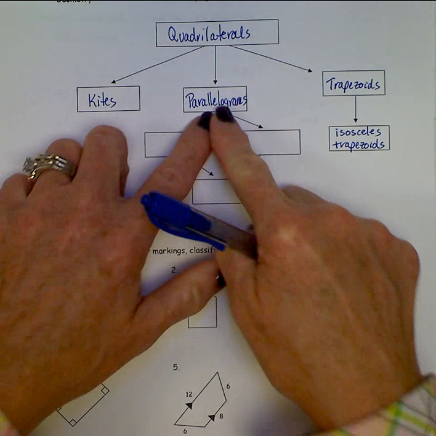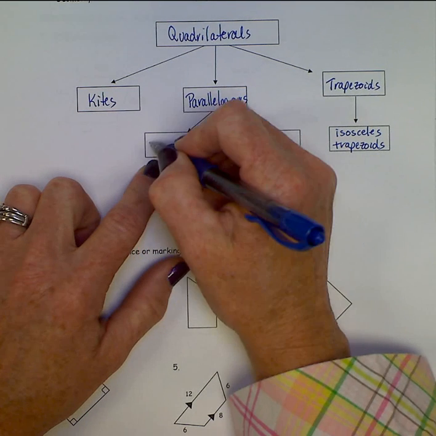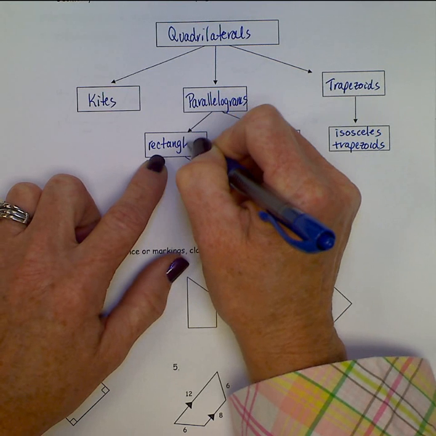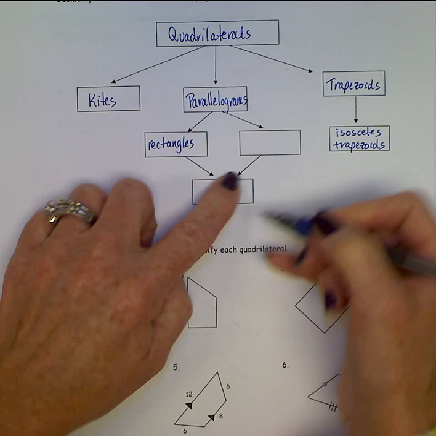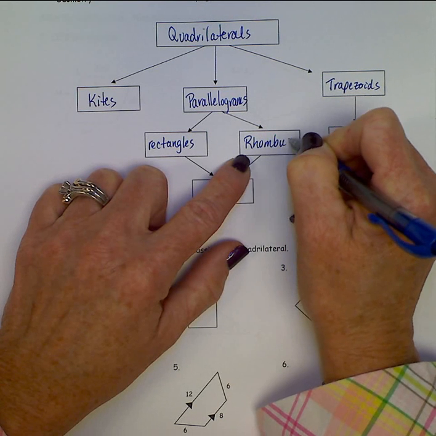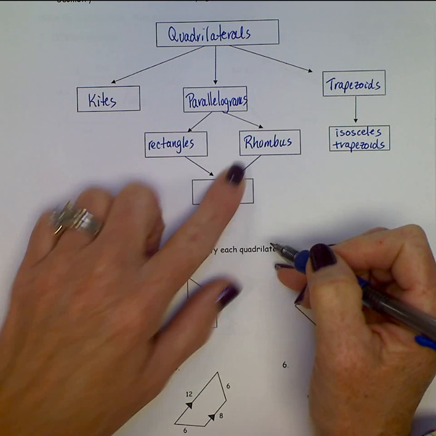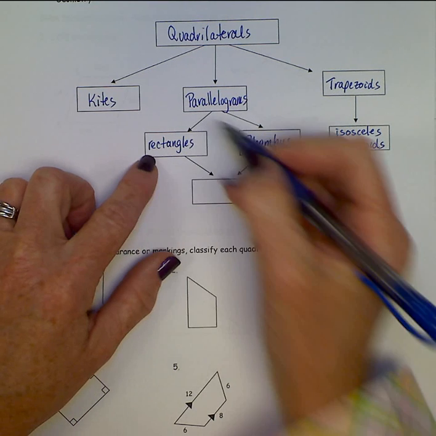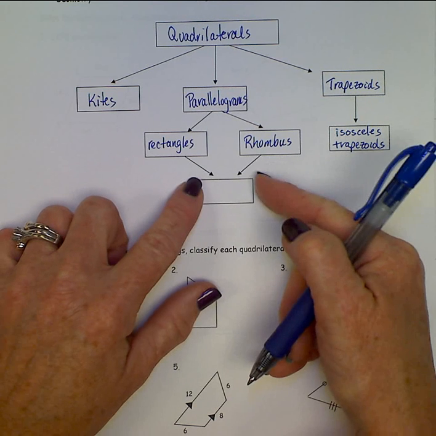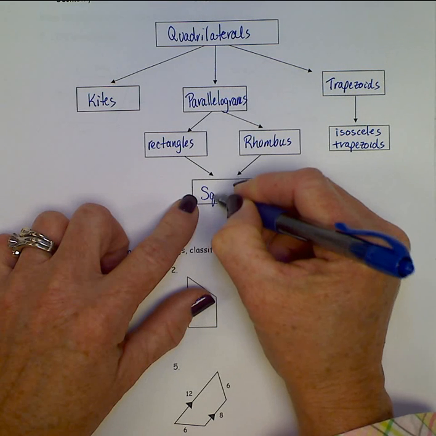Parallelograms break into two groups, a rectangle and a rhombus. And when the properties of a rectangle and a rhombus come back together and we get all the properties of a rectangle and a rhombus, we get a square.